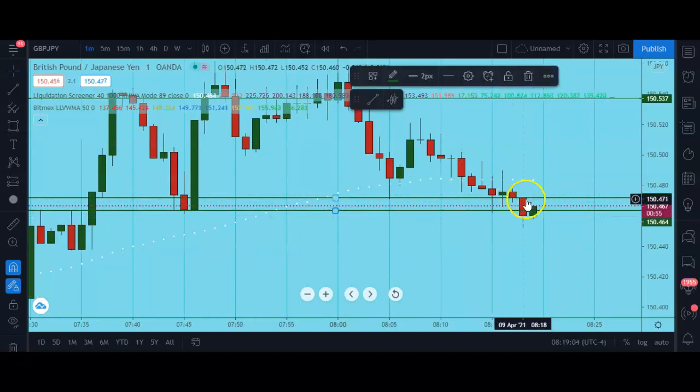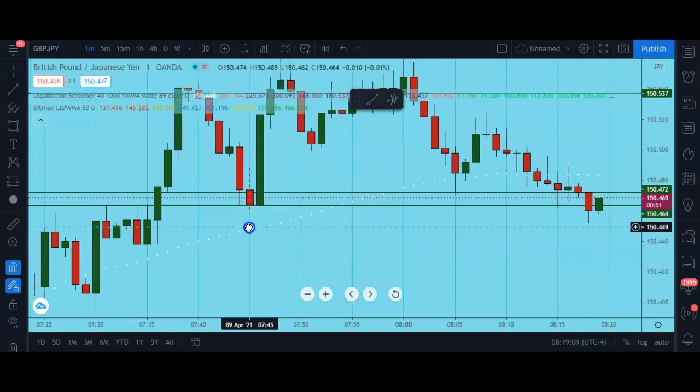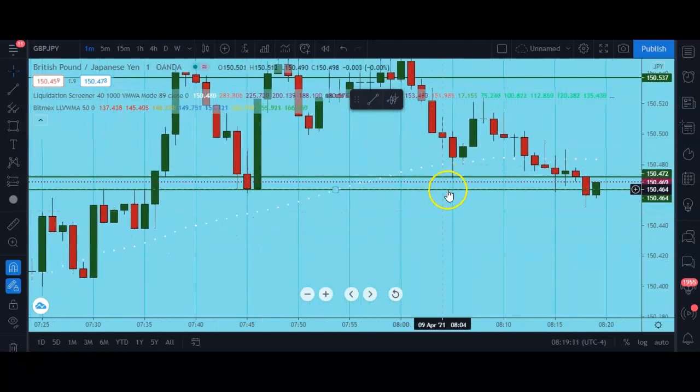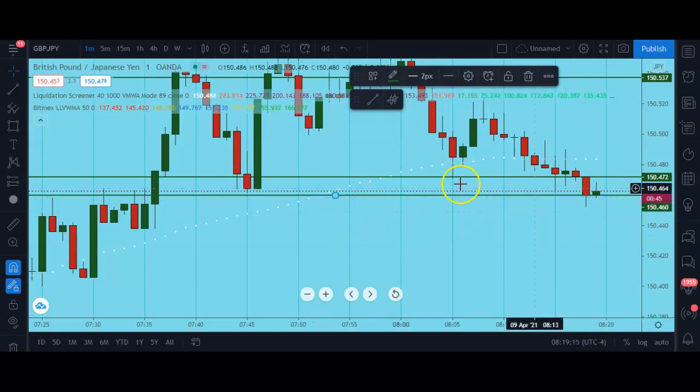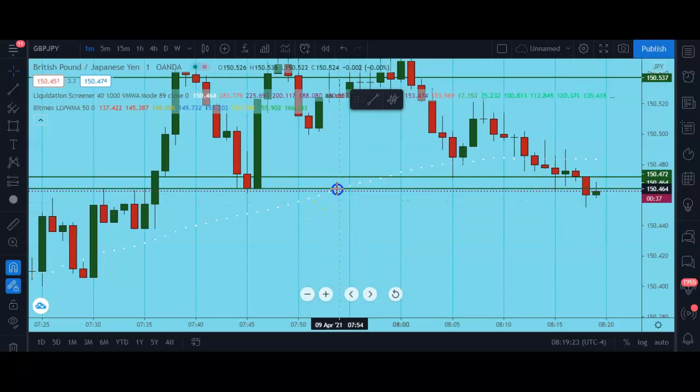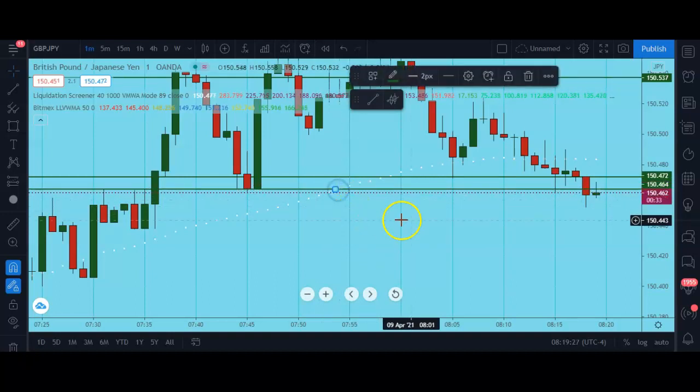Okay, this candle closed below support right here. This is where this next candle closed, right there. So we are below support again, so price is going to remain below here. We're below support on this side, below this support.